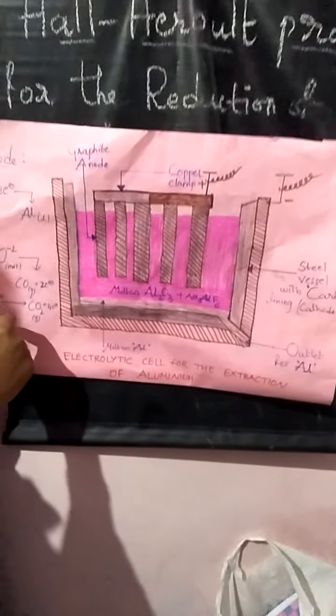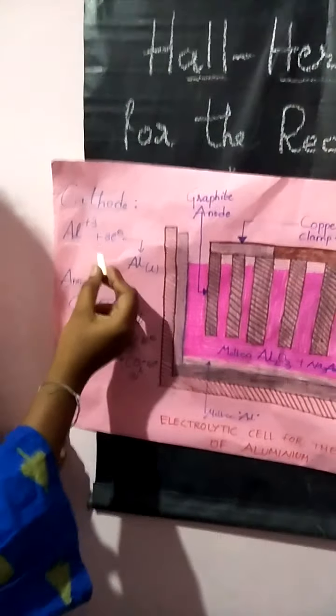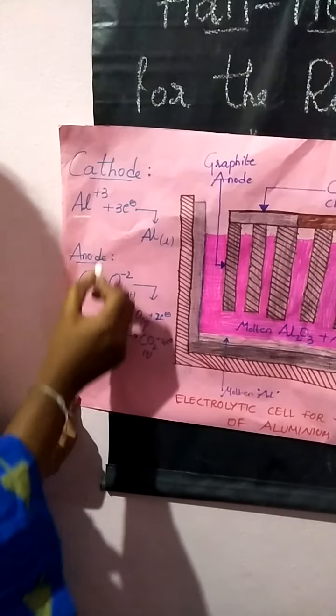This is the process of reduction and oxidation at the cathode and anode.